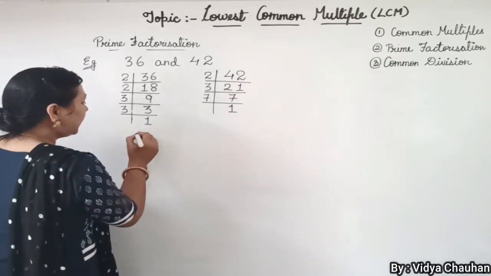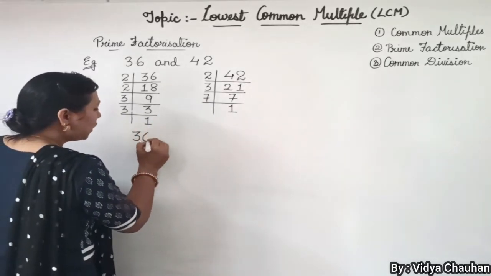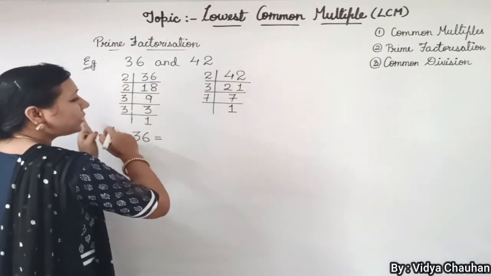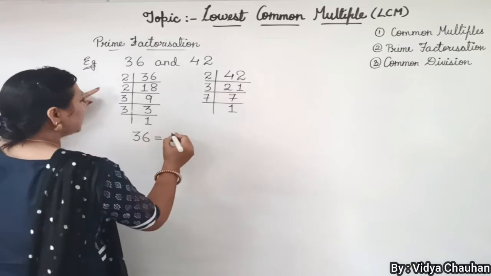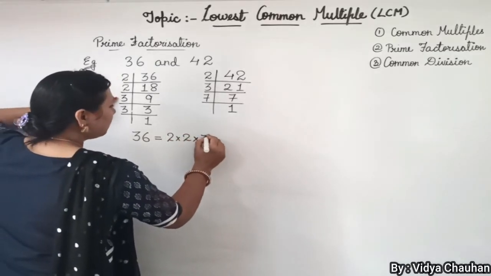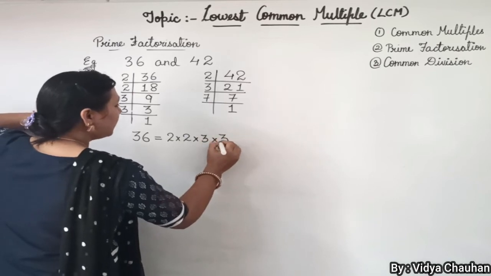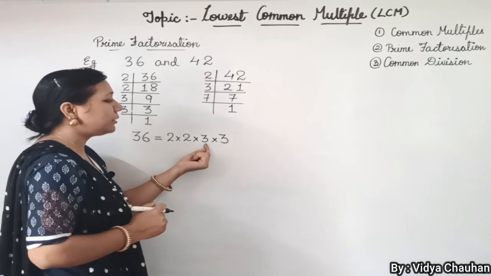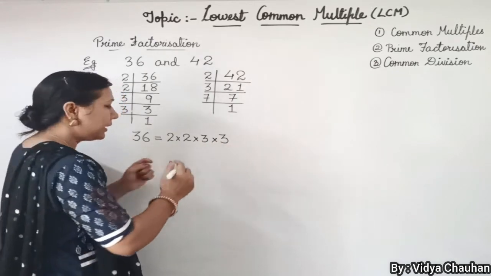Now it's time to write the factors in horizontal format. The factors which are in vertical format right now, we will write in horizontal format. So the factors of 36 are 2 multiply by 2 multiply by 3 multiply by 3.